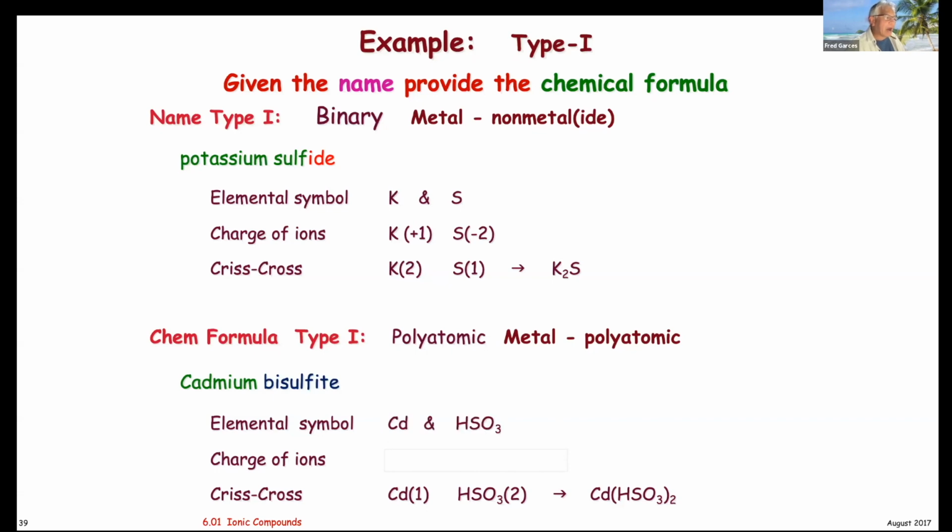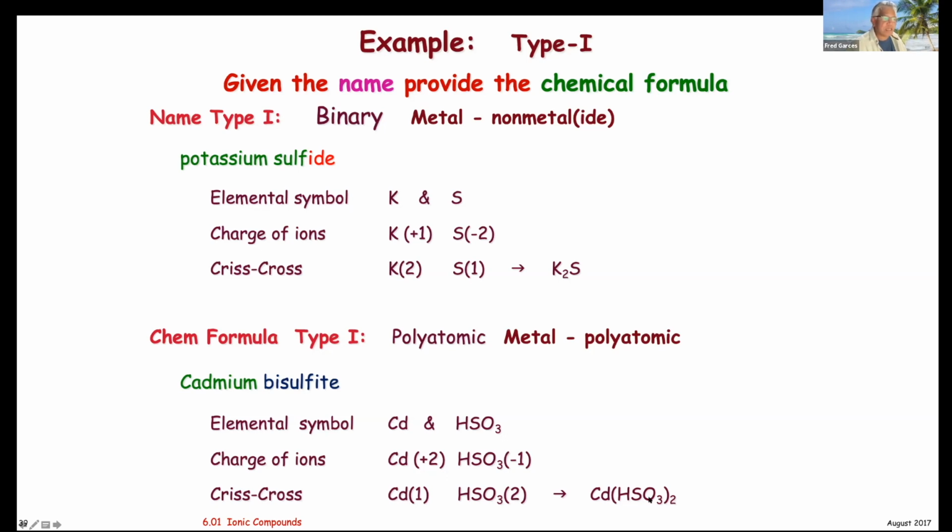Cadmium and bisulfite. Bisulfite is HSO3. You have to find that in a list of polyatomic ions. What are the charges? Cadmium is +2. Bisulfite is -1. We do the crisscross. The 1 on bisulfite is the 1 on cadmium. The 2 on cadmium is the 2 on bisulfite. These become the subscripts.